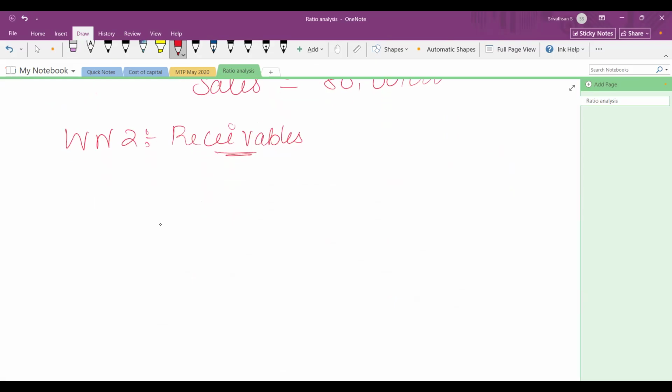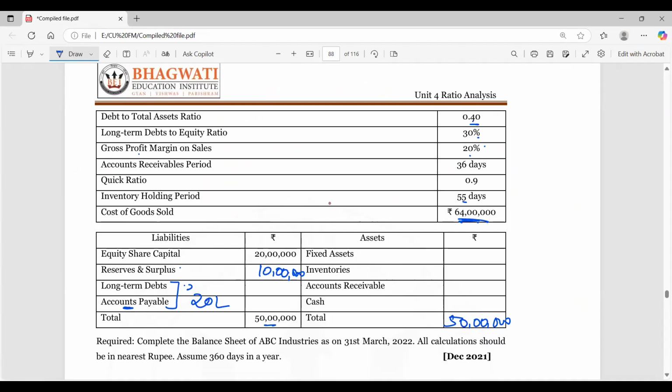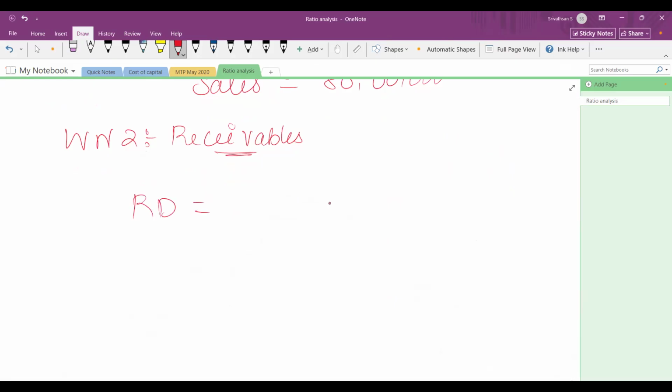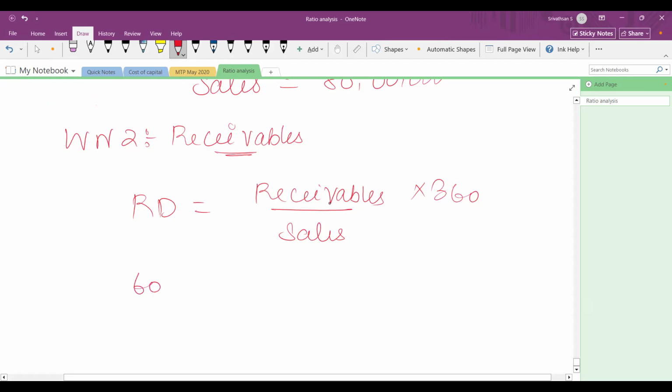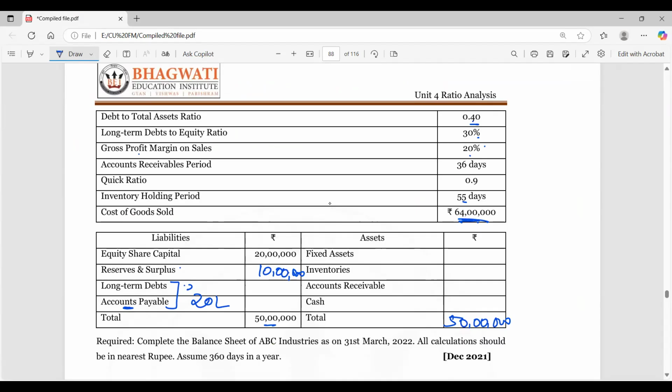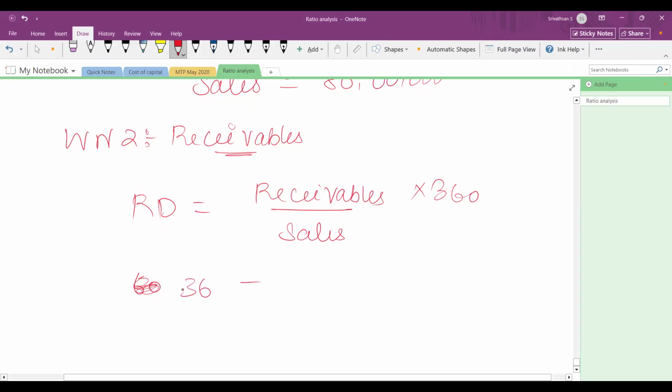What is the receivable days given in the question? It is 36 days. So receivable days is equal to receivables by credit sales into 360. So 36 days is equal to receivables, which we don't know, by sales, 80 lakh, into 360.